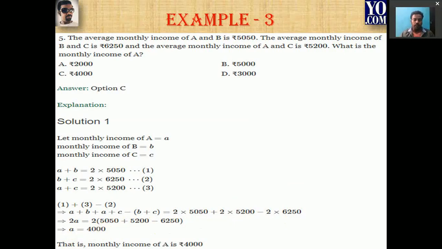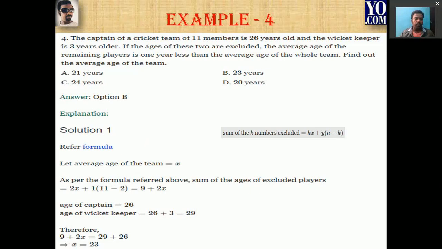Okay, very simple. Then the captain of a cricket team of 11 members is 26 years old and the wicket keeper is 3 years older than the captain. Then the two ages are excluded. The average age of the remaining players is 1 year less than the average age of the whole team.